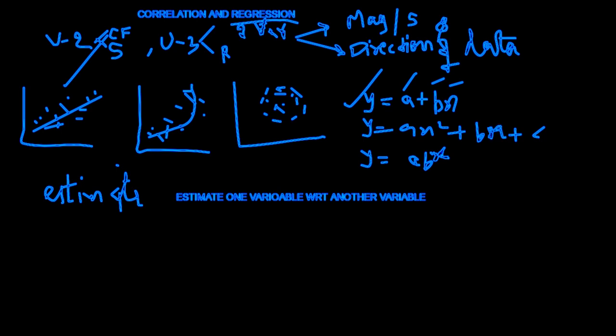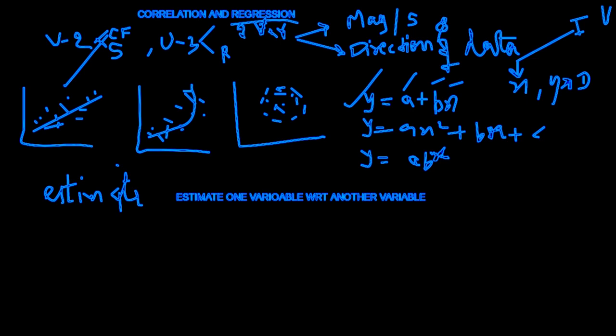This implies that we have two variables x and y, where your x variable is an independent variable and your y variable is a dependent variable, because its value depends on a, b and x. Fine. So your y variable is a dependent variable.